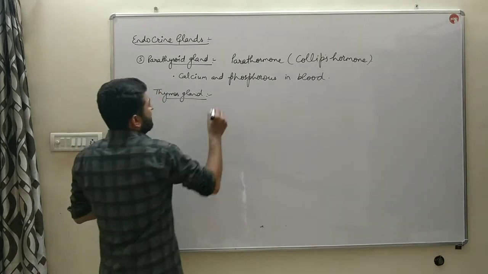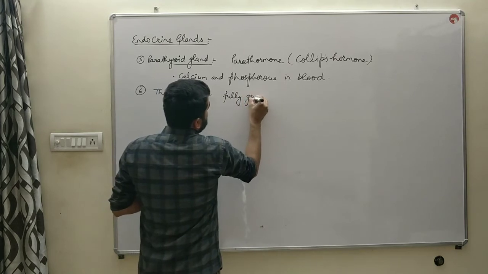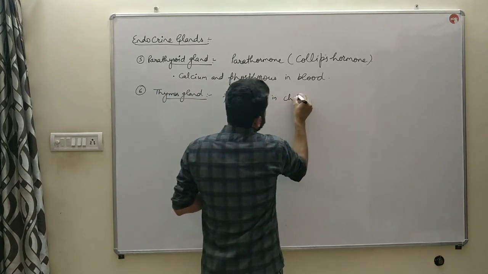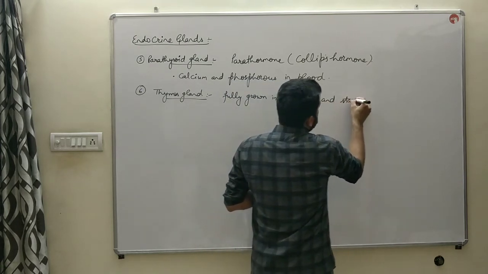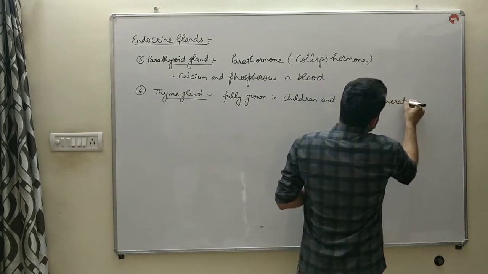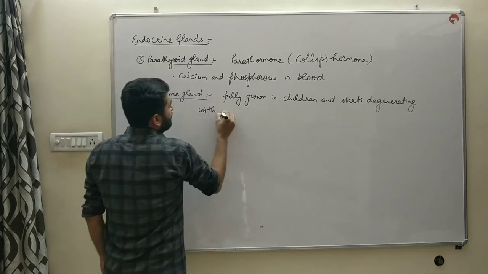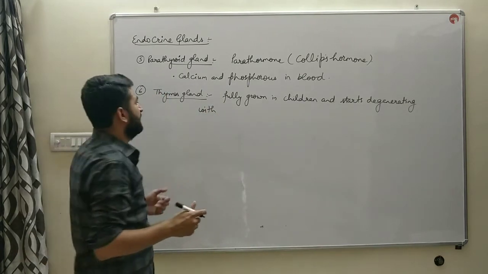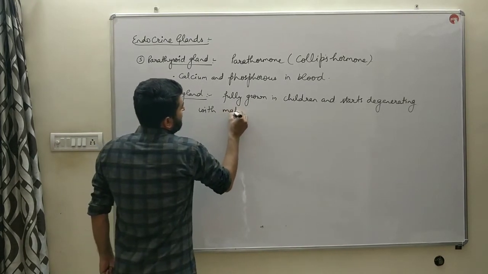This gland is fully grown in children and starts degenerating with maturity. As a person becomes an adult, slowly and steadily this gland diminishes and degenerates. So that gland is the thymus gland.